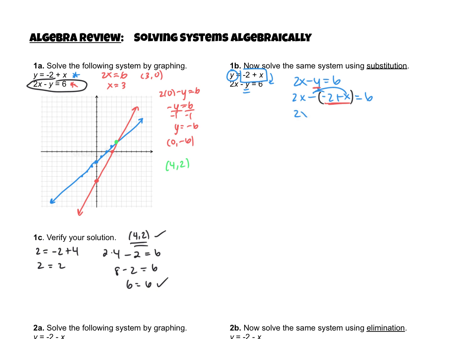So we get 2x, add 2, subtract x equals 6. We're going to combine like terms. So 2x subtract x is x. Then subtract 2. So we get x equals 4.